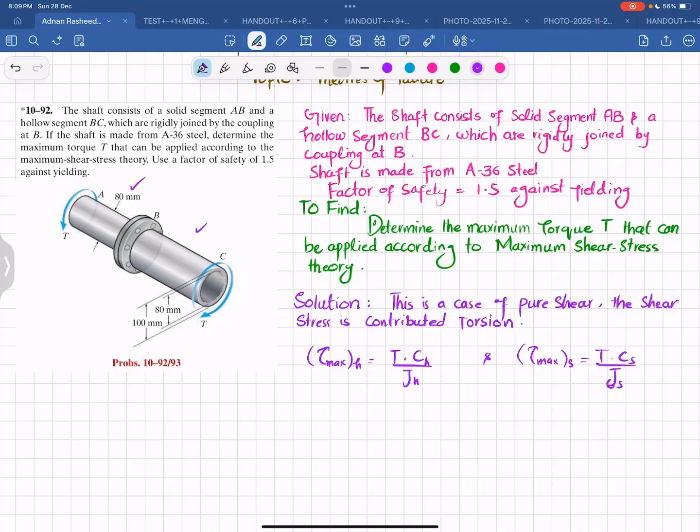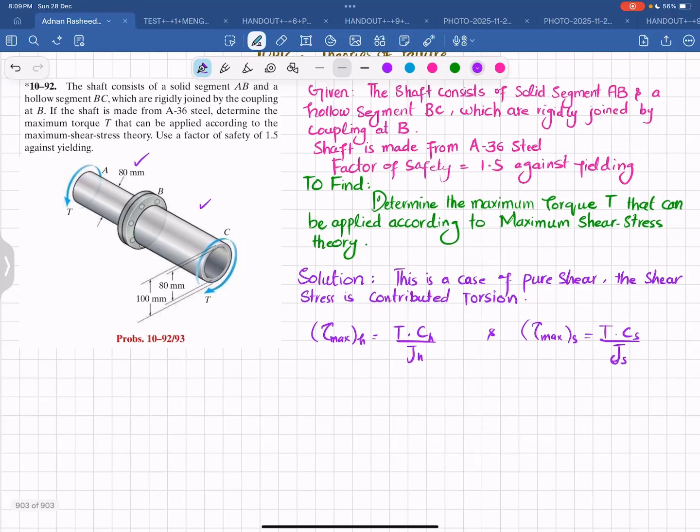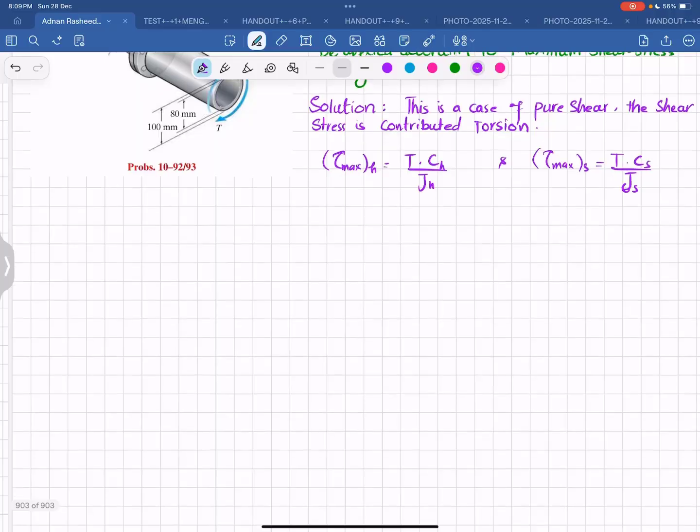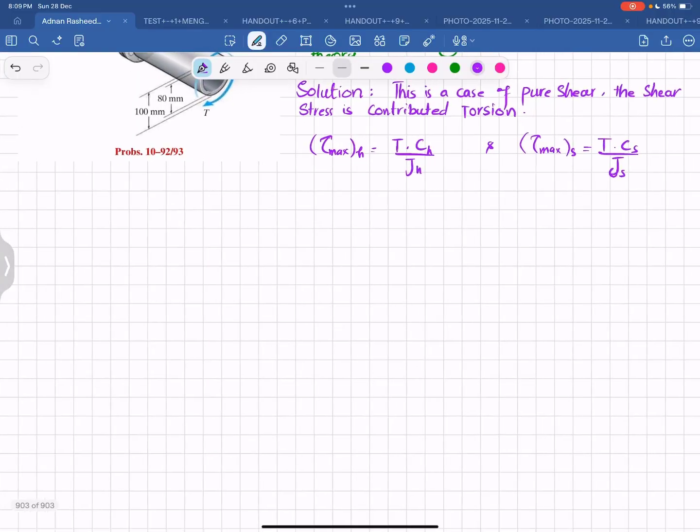So Js is polar moment of inertia for solid segment, and Jh is the polar moment of inertia for hollow segment. So what we will do is that we will find them.